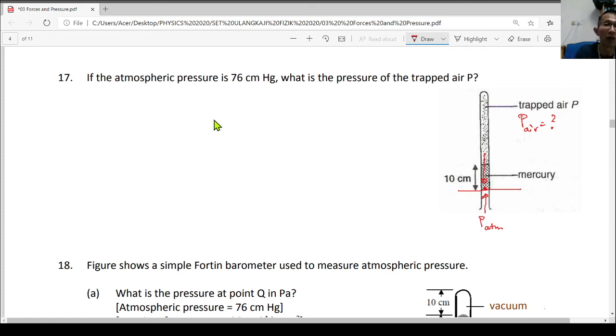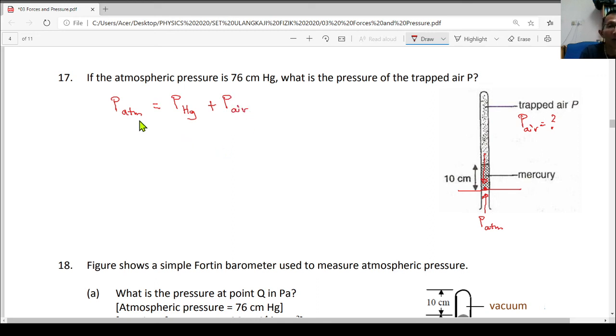So we write the equation. Atmospheric pressure must equal the pressure exerted by the mercury and the pressure exerted by air.